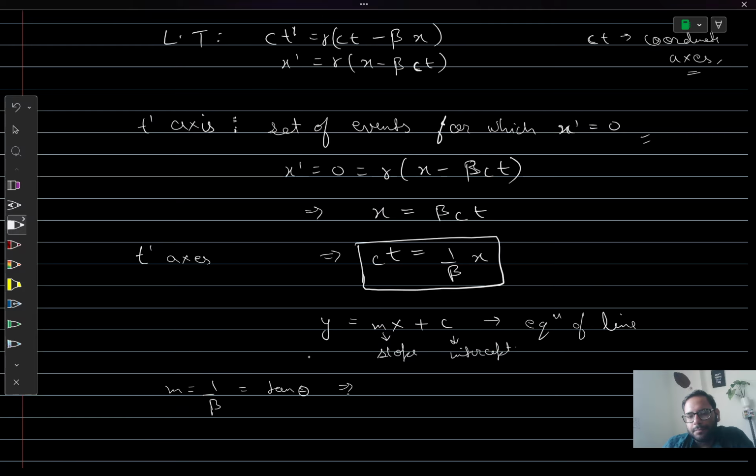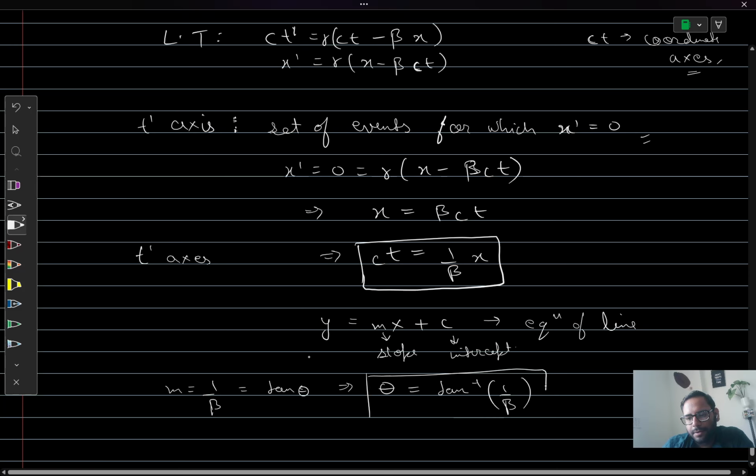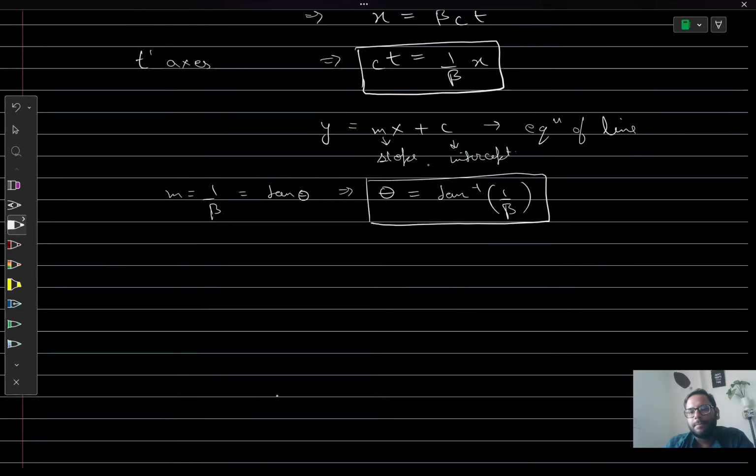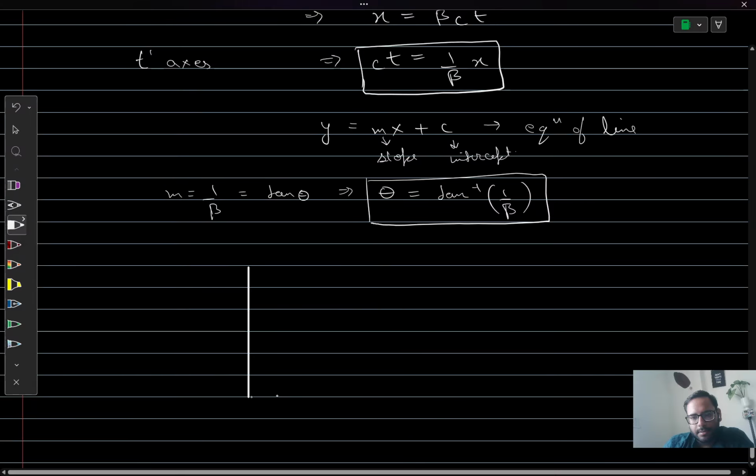So from here tan theta equals 1 over beta, and this is your actual angle. The intercept is of course 0. So how would this axis look?